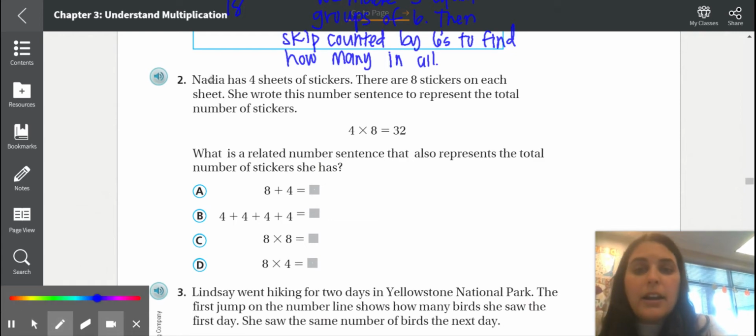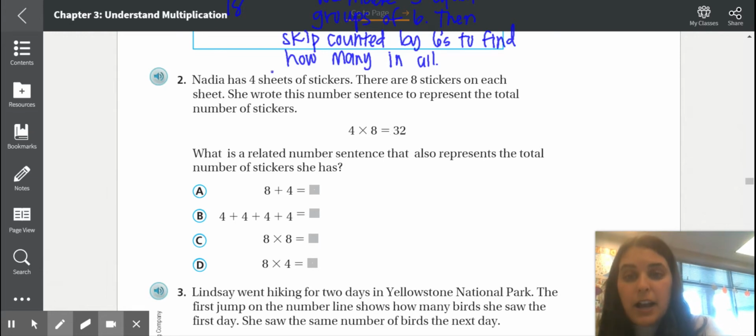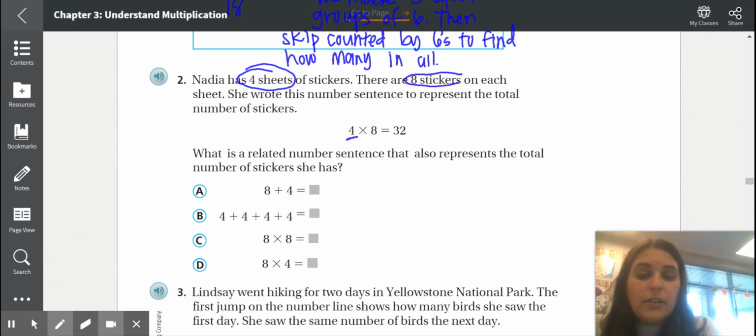Nadia has 4 sheets of stickers. There are 8 stickers on each sheet. She wrote this number sentence to represent the total number of stickers. So she has 4 times 8 equals 32. That's because she has 4 sheets, so that's the 4 equal groups, and there are 8 stickers on each sheet.